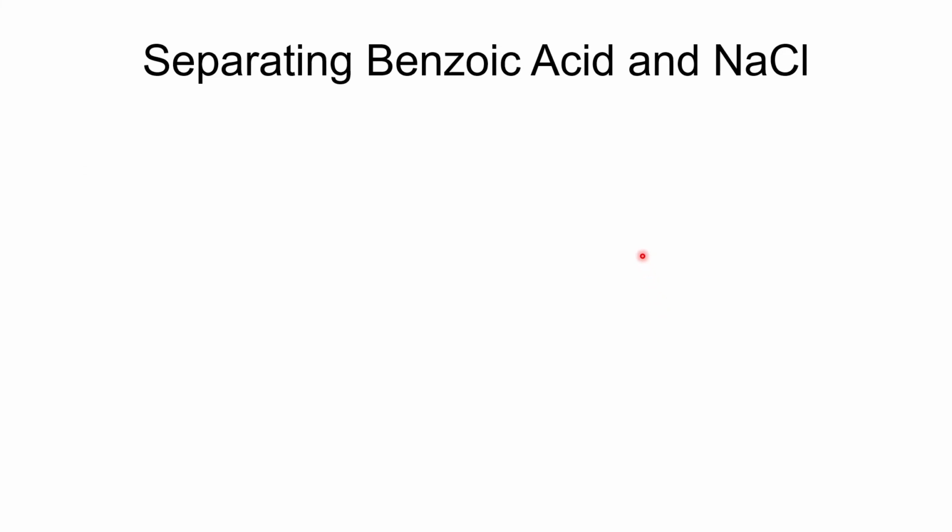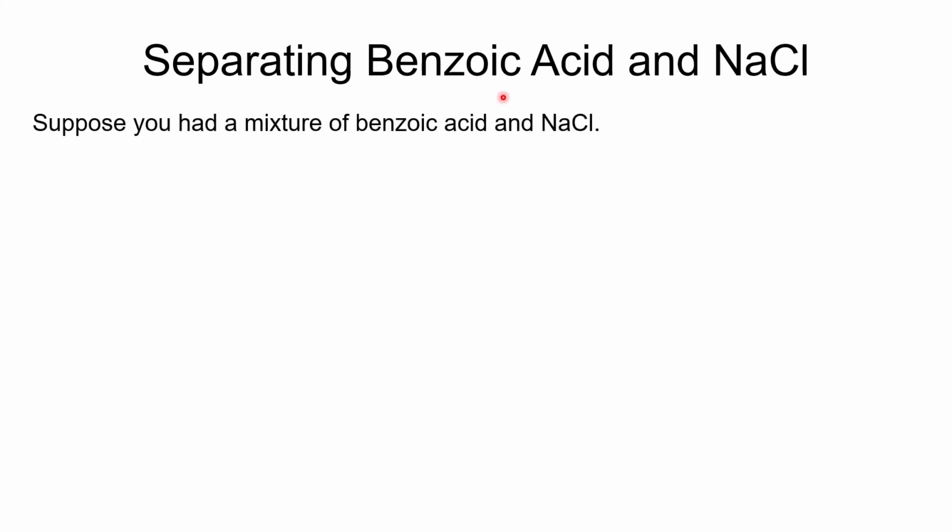All right, so let's start by separating benzoic acid from sodium chloride. Benzoic acid is a fairly large carboxylic acid, and so it is going to be soluble in organic solvents like dichloromethane.